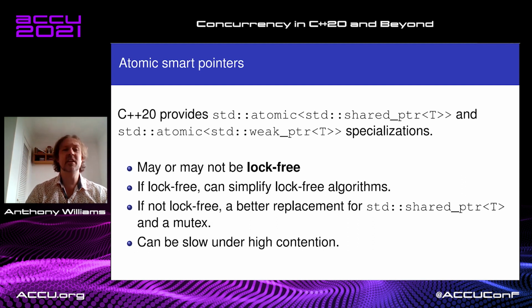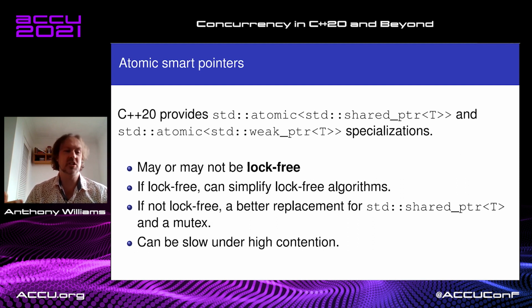But even if they're not lock-free, then it is probably a better replacement for shared pointer of T and the mutex, because the library can use something that is specially focused on just this, and it knows that the operation is going to be short because changing a shared pointer is a really quick operation.